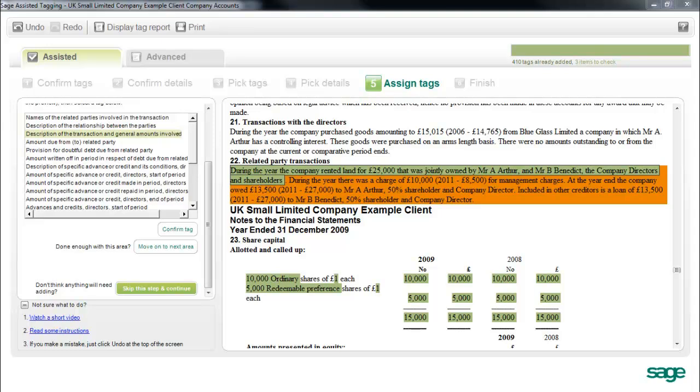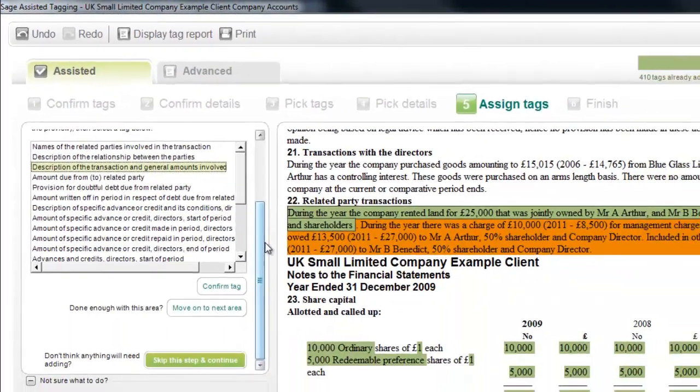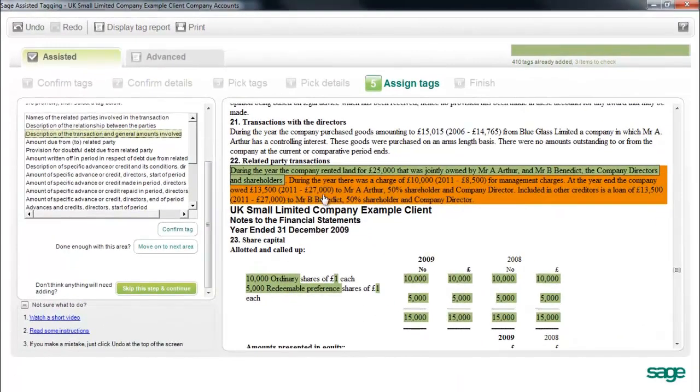Again, there is a transaction that occurred during the year, and as with the first transaction, there is no amount due to or from a related party at the end of the year. So we will use the same iXBRL tag as we did in the first transaction. Description of the transaction and general amounts involved. As with the first transaction, we will tag the whole sentence, text, figures, brackets and currency symbols.